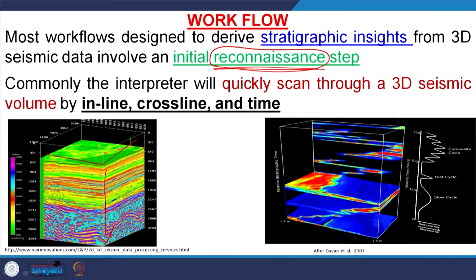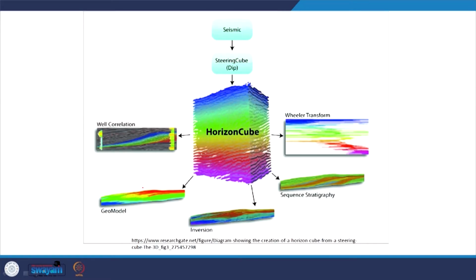So, commonly the interpreter will quickly scan through a 3D seismic volume by inline, cross line and timeline. With vertical changes, lateral changes and longitudinal changes, whether a change is there or not can be interpreted from the first reconnaissance survey, or from the first look. Here is a workflow with some processes involved. We have the seismic cube given to you.